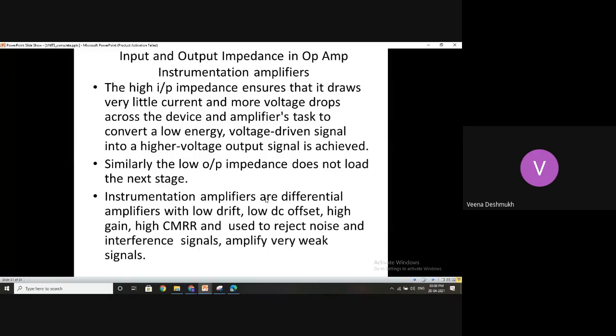They are basically voltage driven, so they amplify the voltages. So when most of the voltage from the previous circuit is dropped across these amplifiers, naturally the signal is no longer weak. More voltage is getting dropped and it is proportionately getting amplified. So here you can achieve higher voltage gains.